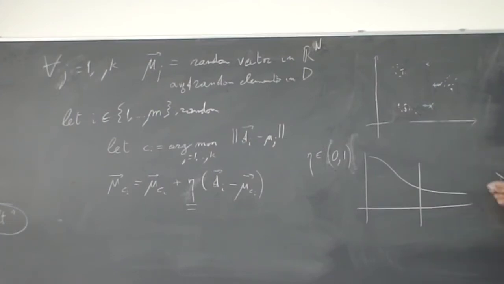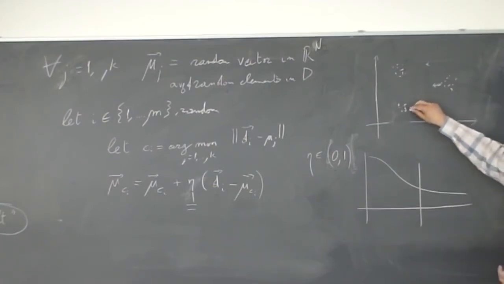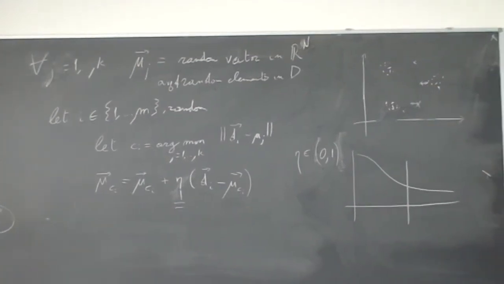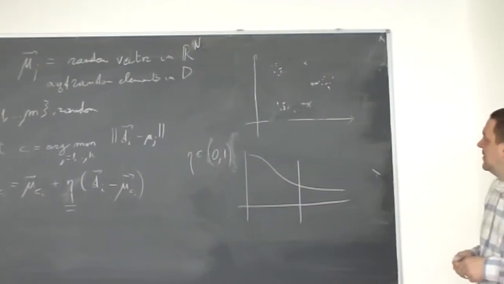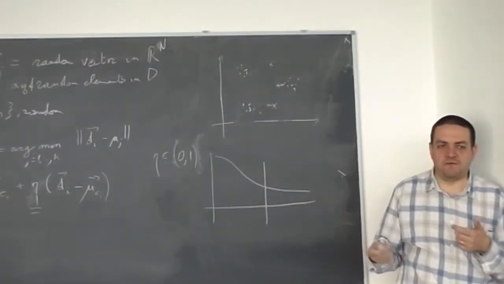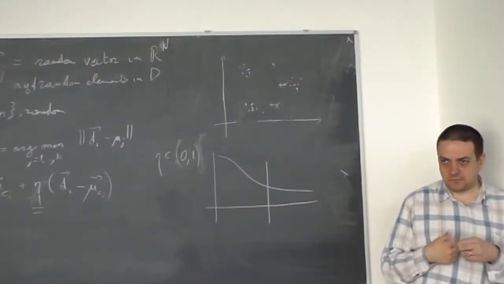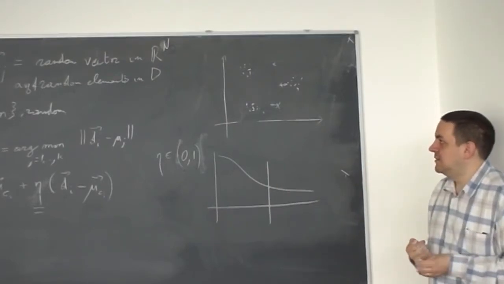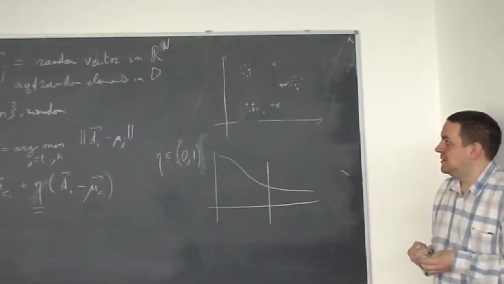This is good because there are some situations where we want to pull some representatives away from some local minimum. But maybe we can see examples tomorrow.